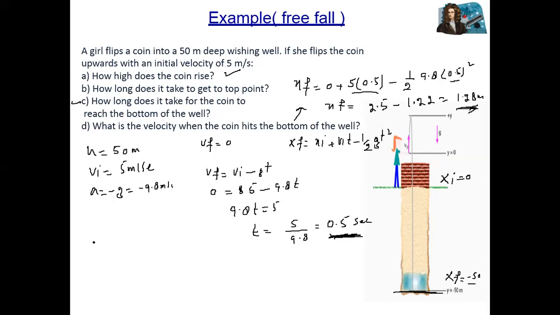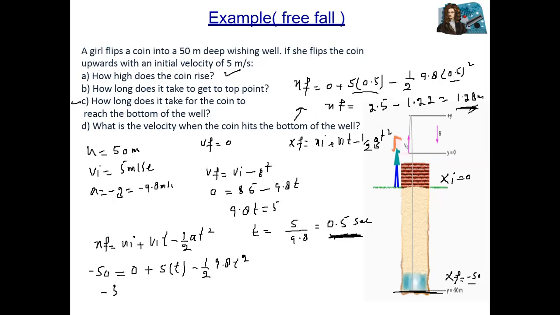The second formula. xf equals xi plus vi t minus half g t square. xf is minus 50, equal to initial position 0 plus vi t. vi is 5, multiplied by t. We don't know t. Minus half g t square, so 9.8 and we have t square.